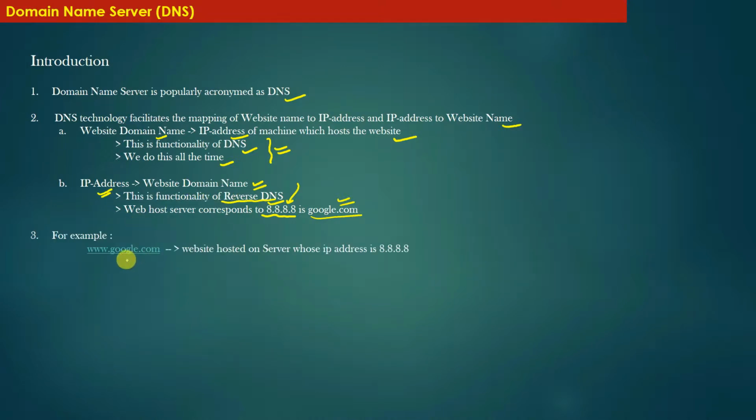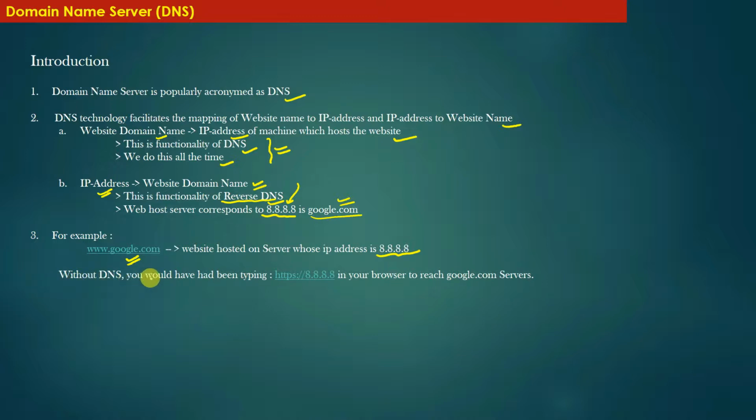So for example, as soon as you type www.google.com in your web browser, the DNS system works behind the scene and finds out the IP address of the server machine on which the www.google.com website is hosted.